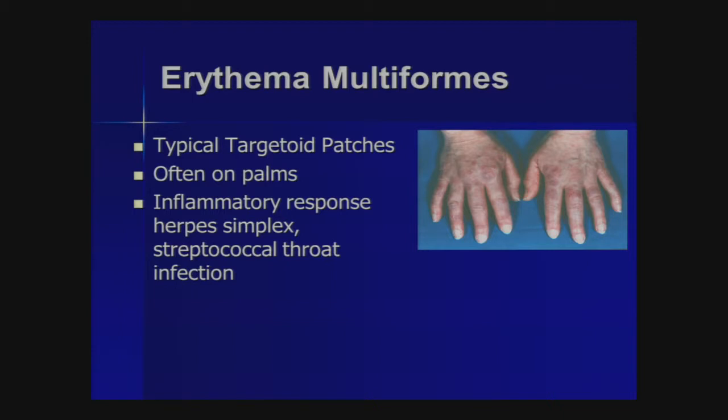We'll talk about EM major in a second, which is usually more associated with drugs, but erythema multiforme minor, the simplest form where you have these really nice targets, you are febrile, and they're usually a little bit more itchy, is usually viral related versus drugs. I threw that in there because a lot of times people get confused between those two. And EM typically doesn't go on to form Stevens-Johnson syndrome or TEN, which we'll talk about in a second.